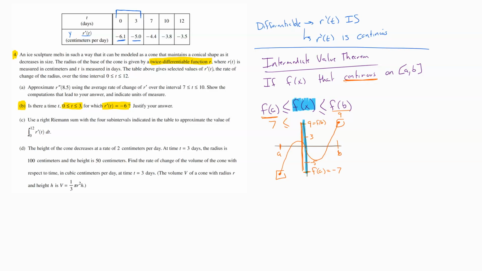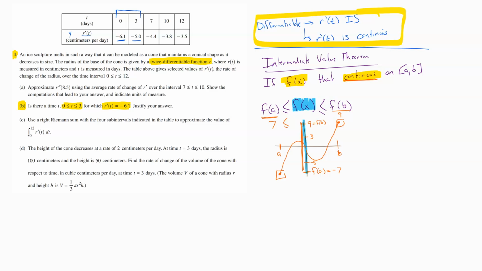So what we've done right now is we know that our graph is continuous. That was why I put this information together. R prime of t is differentiable, and therefore we know r prime of t is continuous.